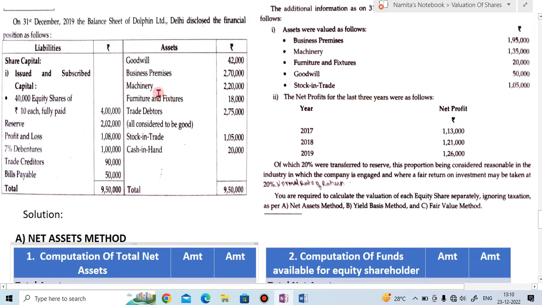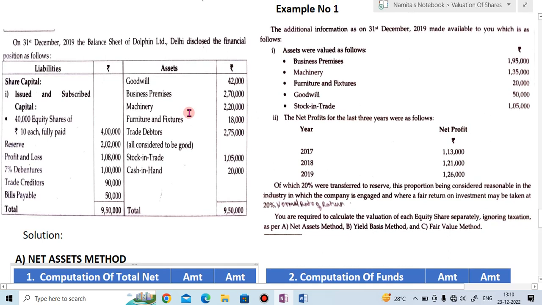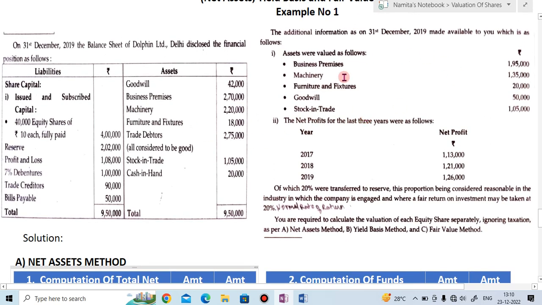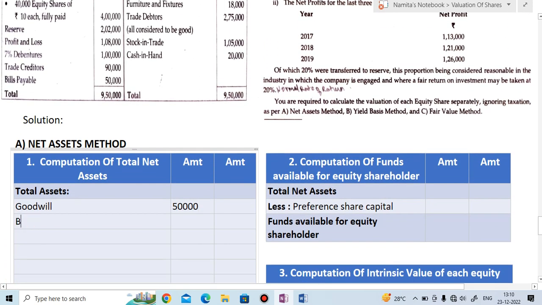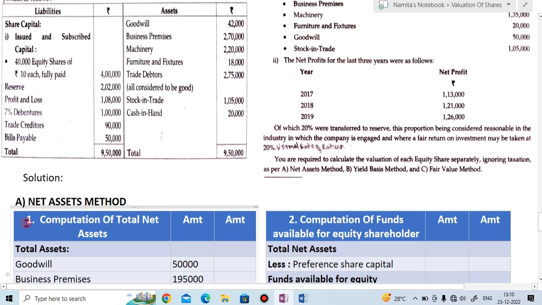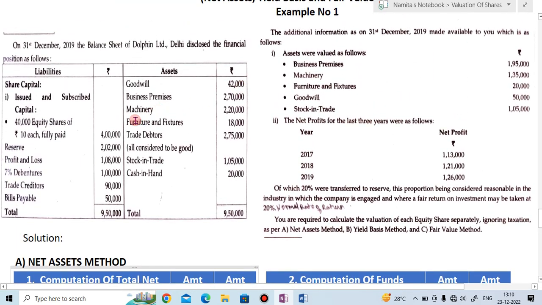Next asset is business premises. Again business premises is revalued. The revalued amount is 1,95,000. So next asset is business premises, 1,95,000. After business premises, next is machinery.